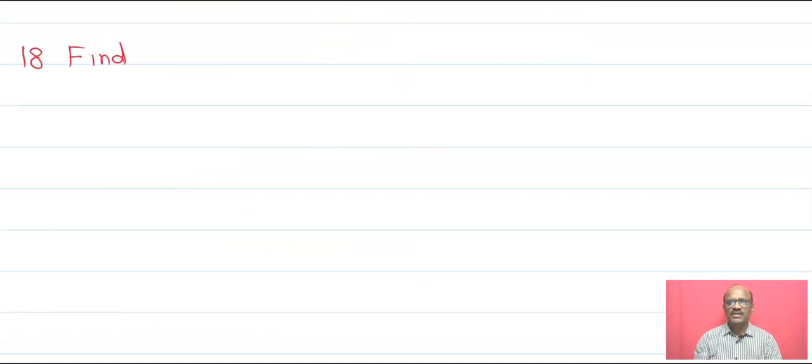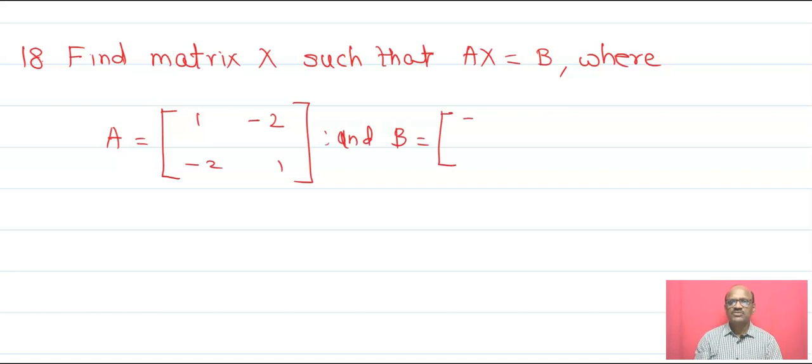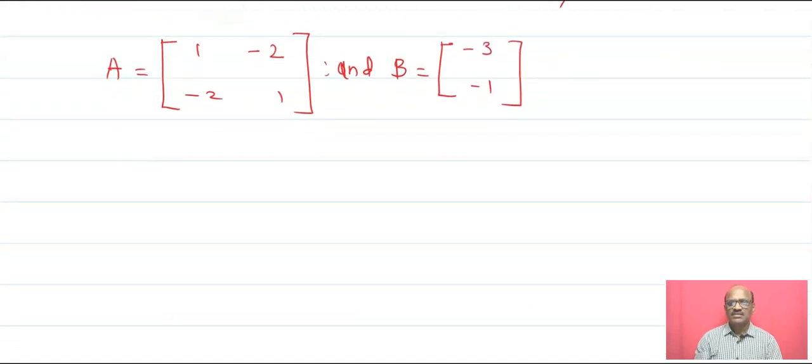Now question number 18, find matrix X such that AX is equal to B, where A is equal to 1 minus 2, minus 2 1 and B is equal to minus 3, minus 1. Now we perform their product.